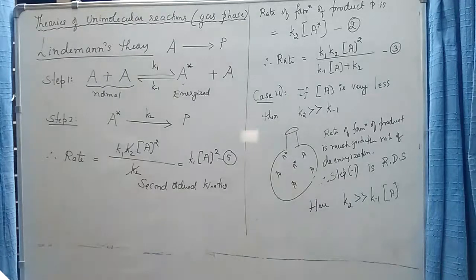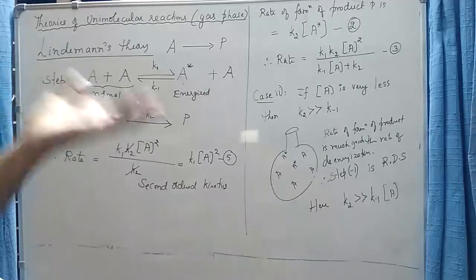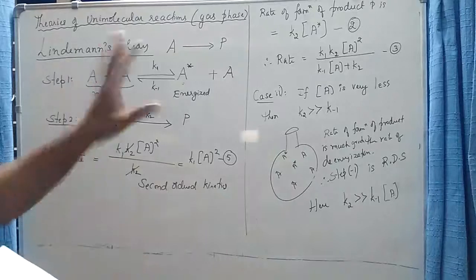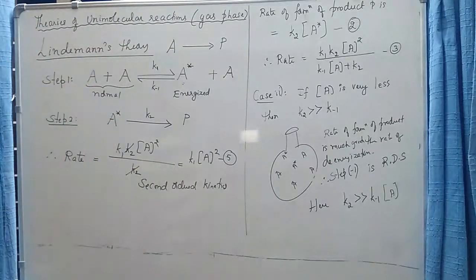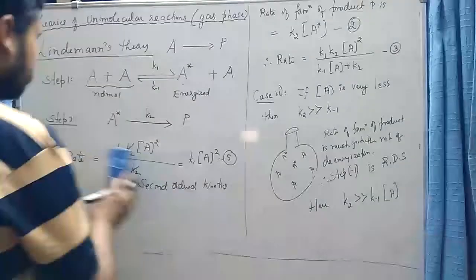So now we are testing the validity of Lindemann's theory. Actually we are not just testing the validity, we are discussing the limitations of Lindemann's theory. So the next discussion can be called either testing the validity of Lindemann's theory or limitations of Lindemann's theory.